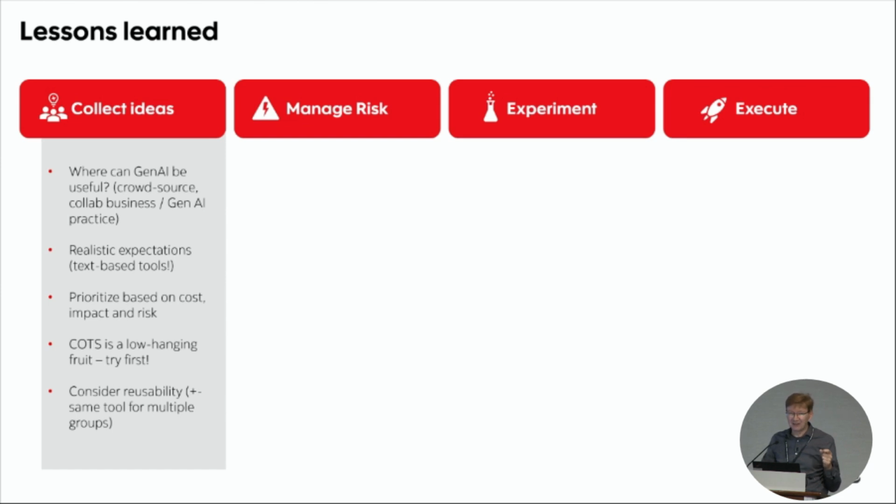An earlier presentation talked about the ragged landscape of use cases that are friendly or not friendly for GenAI. So crowdsourcing is a good way to do that, but also setting up very close collaborations between your GenAI practice and the business. The GenAI practitioners know what GenAI can do and not do, and the business knows how their processes work and what they are trying to do.